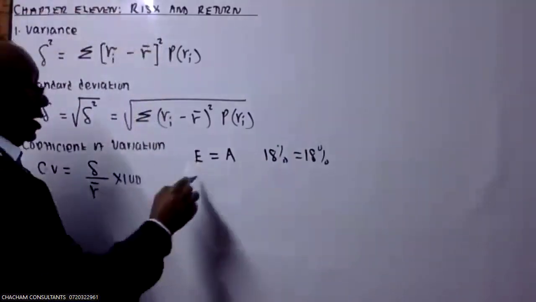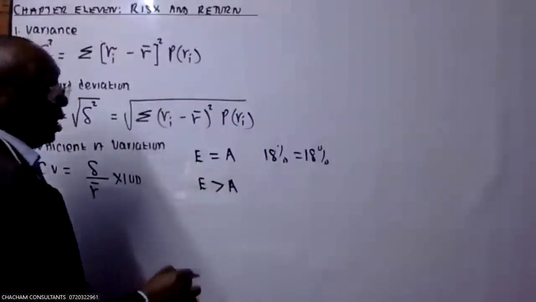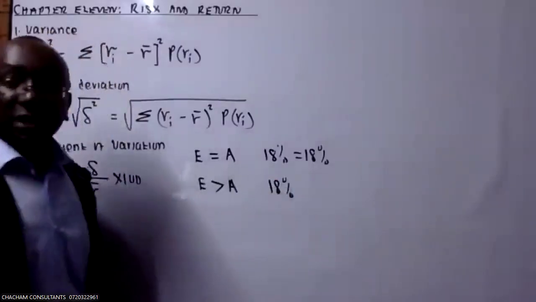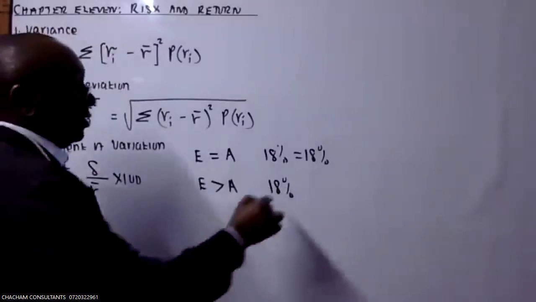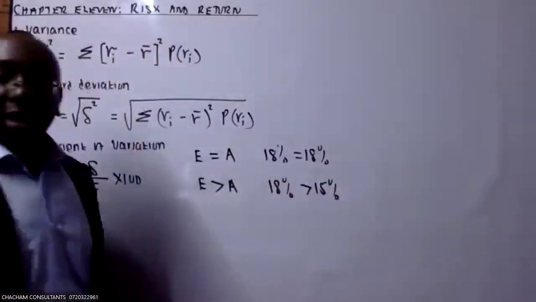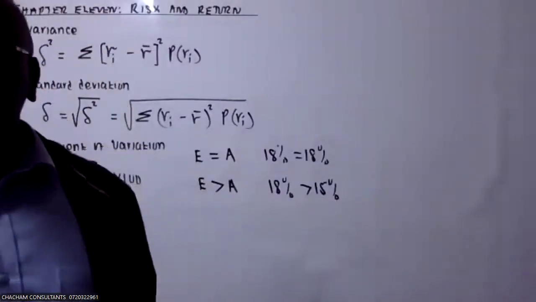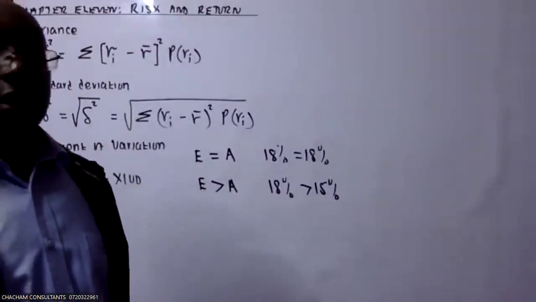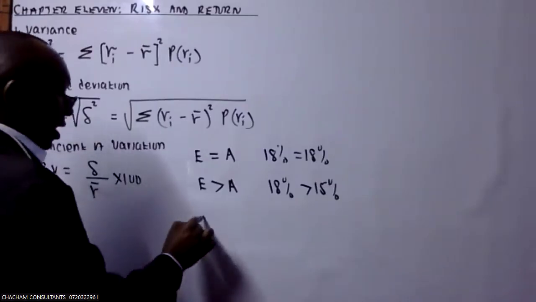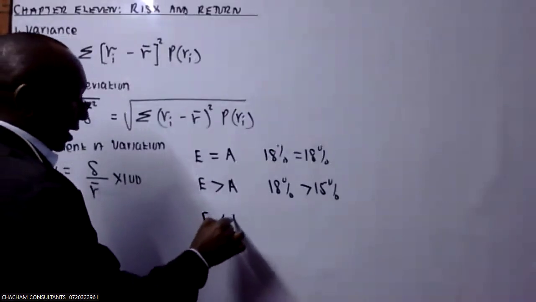The second possibility is where the expected is greater than actual. You are expecting 18, but you have gotten something smaller. Maybe you have gotten 15% return. Now, this one is painful because you feel that you have not gotten what you expected. You have lost.